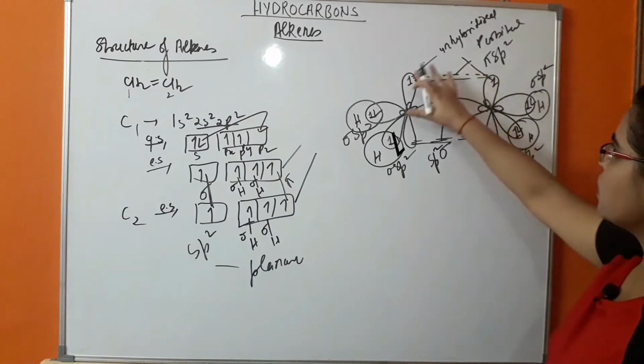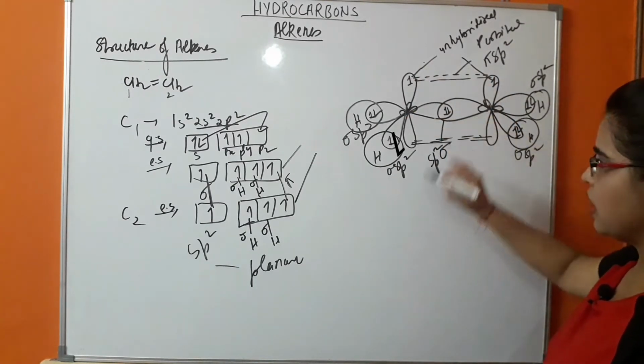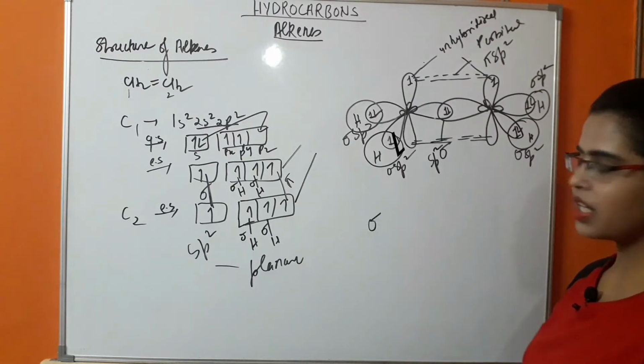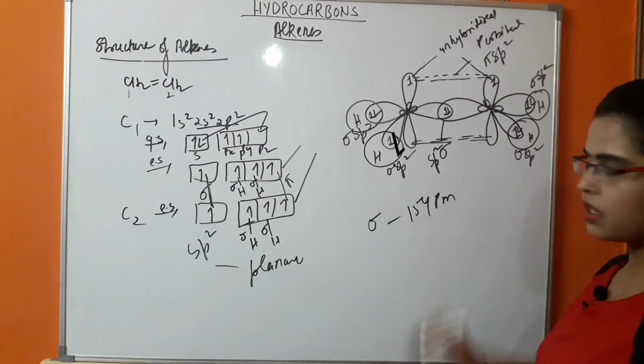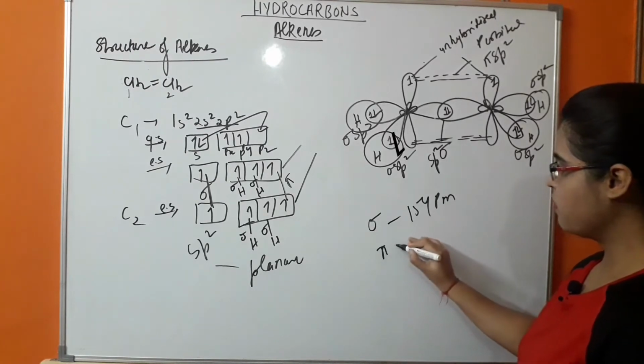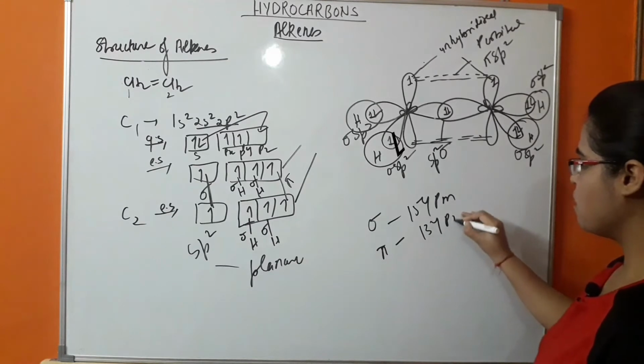Okay, so because of the pi bond formation the bond length changes. You know that the sigma bond has a bond length of 154 picometer, whereas when a pi bond is formed it has a bond length of 134 picometer.